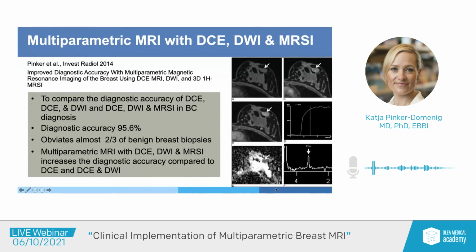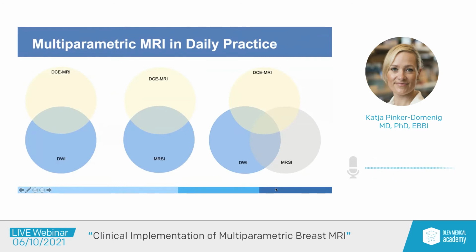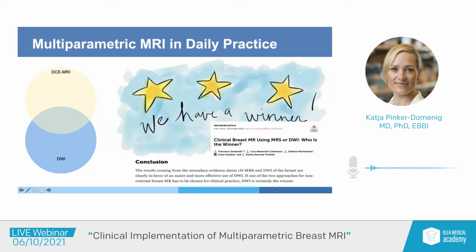It increases diagnostic accuracy, but it also adds time. In addition, from an acquisition point of view, it is a little bit more challenging for the technologists. Despite the increase of diagnostic accuracy, there's actually a paper which looked at whether clinical breast MRI should be doing DWI and or spectroscopy in a multiparametric setting.